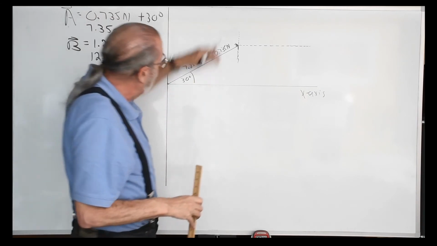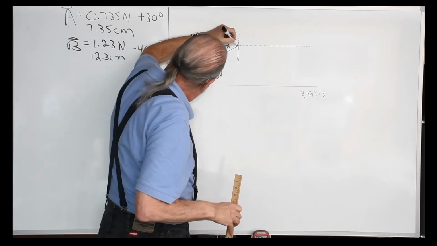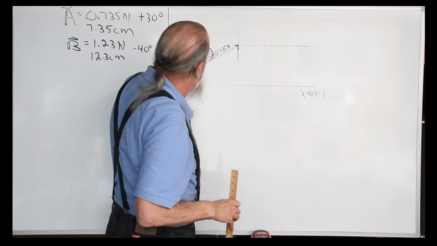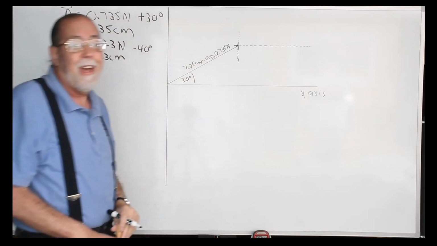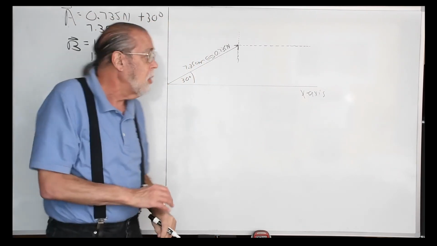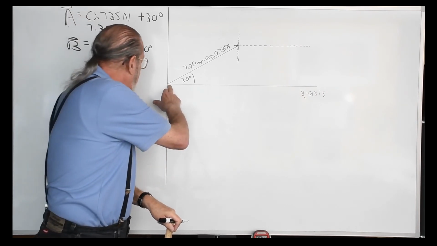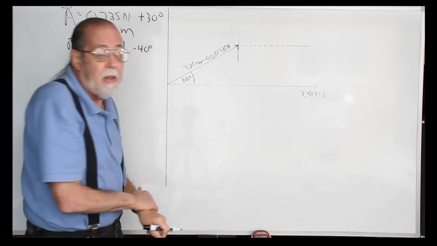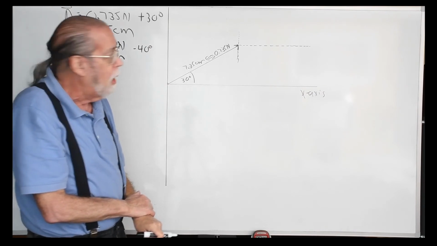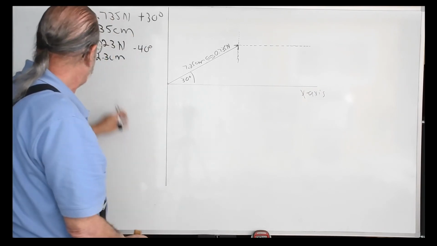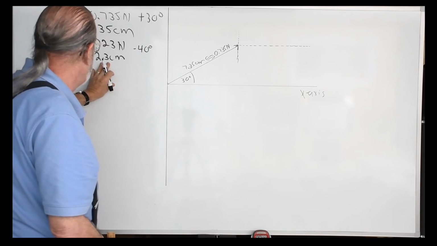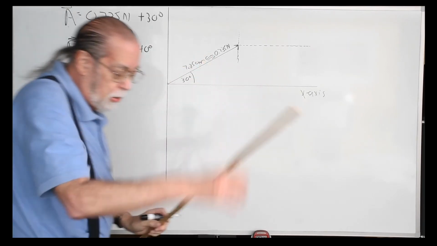So we move our origin up to the end of the first vector because we're going to put these head to tail. The rule is you put the two vectors head to tail, and then you draw a line from the tail of the first to the head of the last, and that is the resulting vector. Now we have to draw 12.3 centimeters at minus 40 degrees.